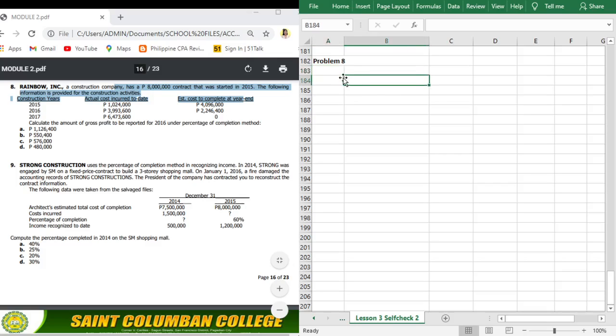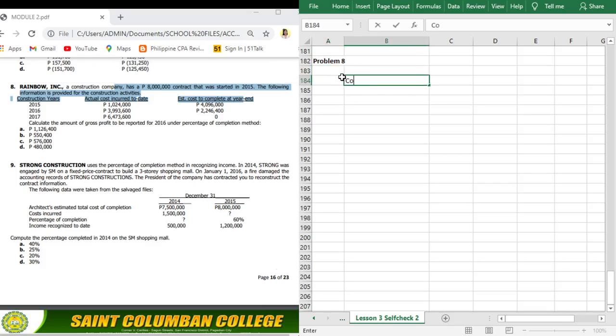So, let's start. First, we have the contract price. Di ba? Then, sa gisunod ani, we are going to add the cost, okay, actual cost incurred to date. So, take note ha, to date siya.